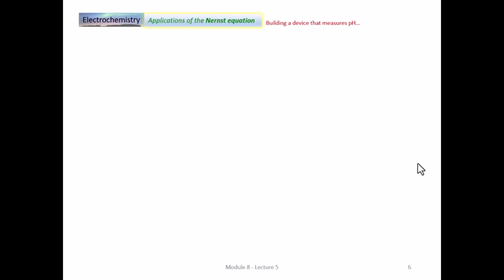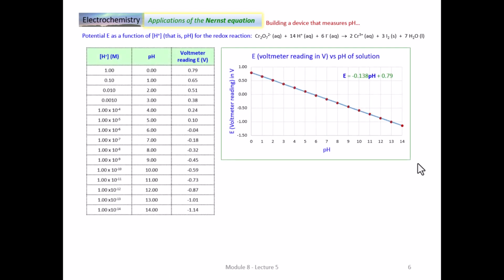We can actually take this potential of this reaction and we can graph it as a function of pH using the equation we just derived on the previous page. And of course, you see we have a straight line relationship between the potential of this reaction, which we could measure with a voltmeter, as a function of pH.